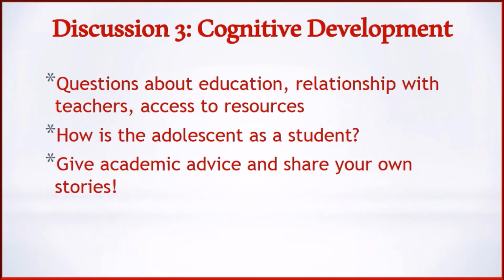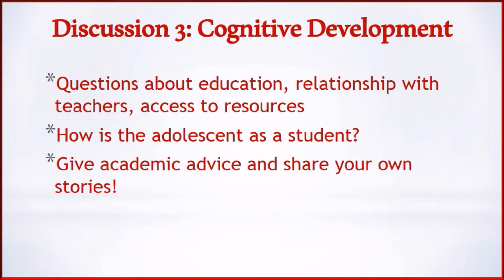So the next discussion point is cognitive development. The idea behind cognitive development is to learn how the adolescent is doing from an academic or educational point of view. So you're going to be asking questions and having conversations about education.